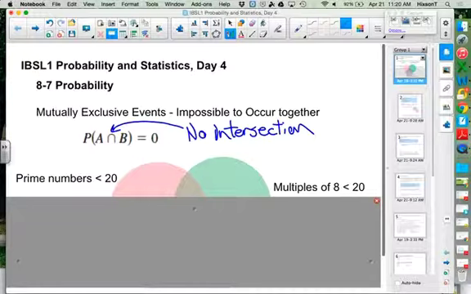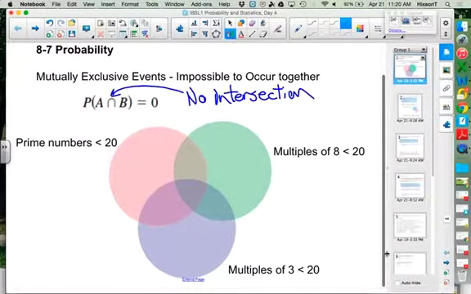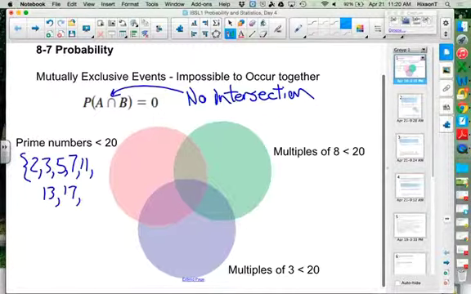Right? Now, a Venn diagram is helpful here. I want to look at a case, and let's come up with a couple of sets of numbers. Alright, first of all, what are the prime numbers less than 20? Not 1. It can't be 1. 2, 3, 5, 7, 11, 13, 17, 19.